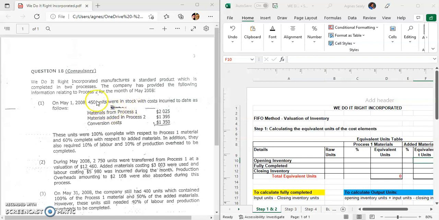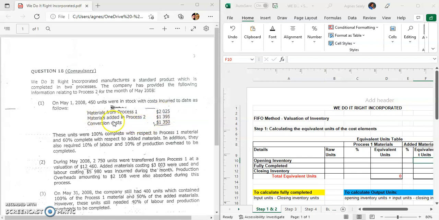And these costs that they have incurred so far are as follows. Materials from process 1, because remember they're talking about process 2. The cost of those materials is $2,025.